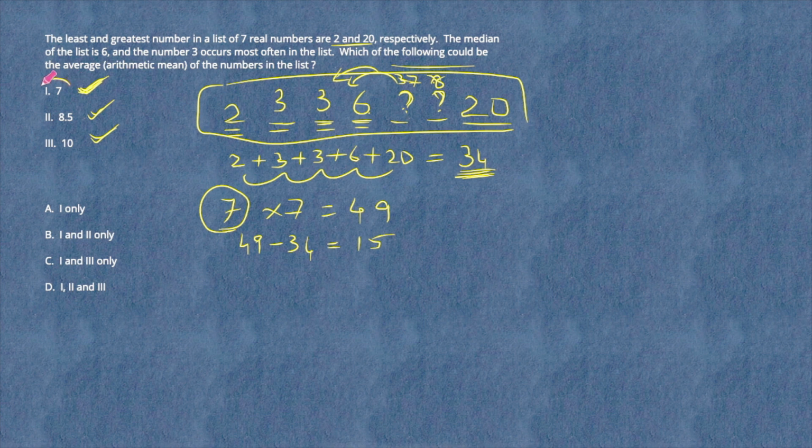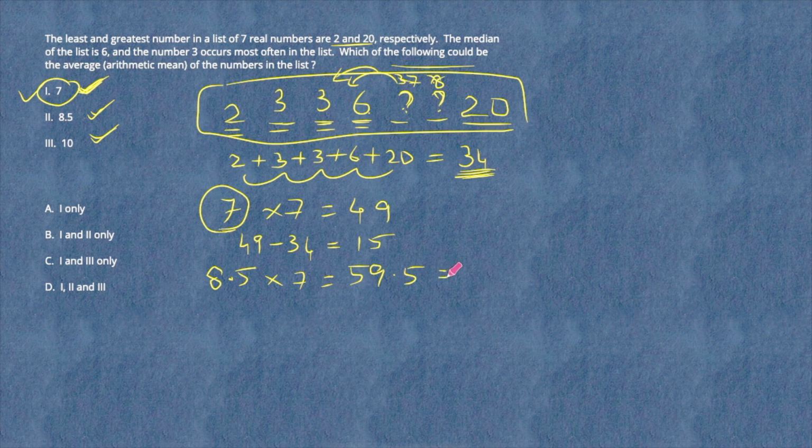So this is possible. Now let's check for 8.5. If 8.5 is the average, that means the total value would be 8.5 times 7. You can use a calculator for this problem. 8.5 times 7 will give you 59.5. And again, you have to subtract 34 from that.